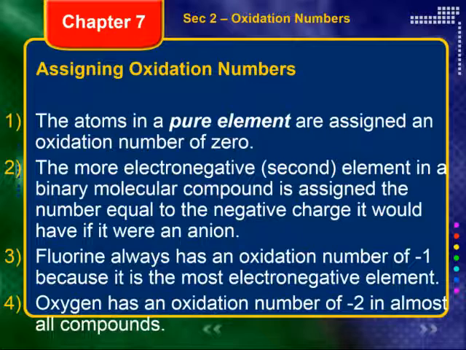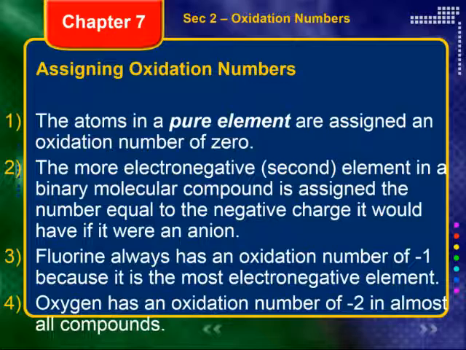Oxygen has an oxidation number of -2 in almost all compounds. Up in that first rule, the atoms in a pure element are assigned an oxidation number of 0. When oxygen is just O2, its oxidation number is 0. What else?